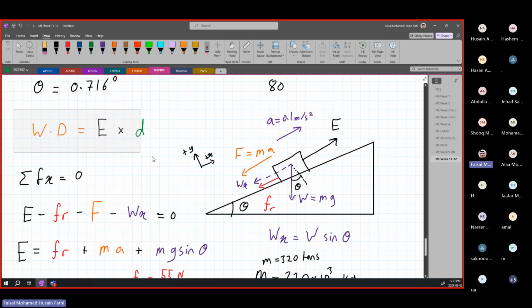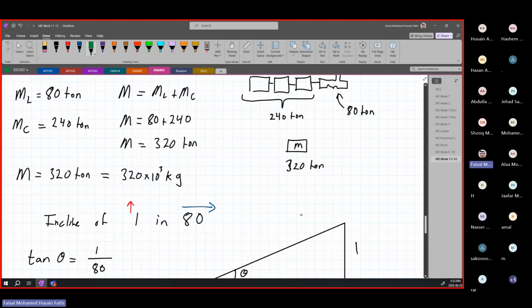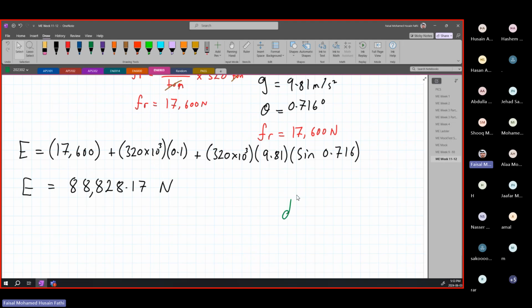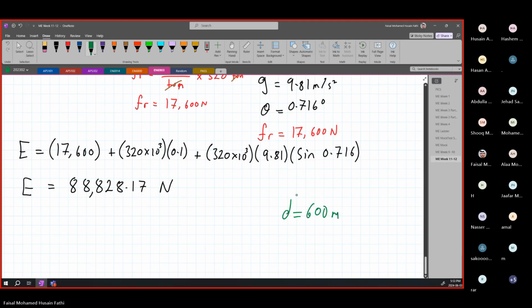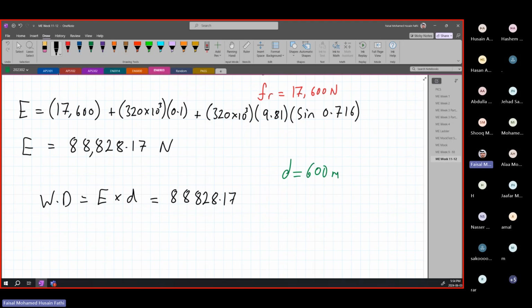So now we can find our work done. Now we can find the work done, which is equal to E times the distance D, which was given in the question, if you remember, as 600 meters. And now our D is equal to 600 meters. And we can find work done, which is equal to E times D, which is 88,828.17 times 600 meters, which you will notice now is going to be a huge value.